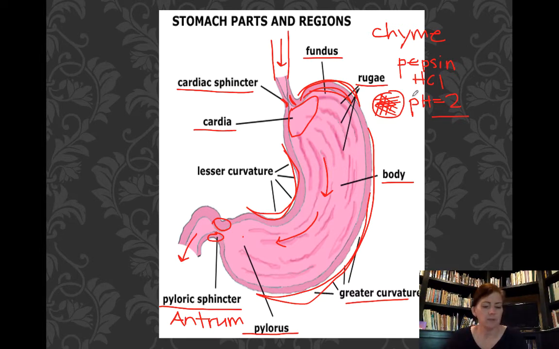But despite all of that, we don't have a lot of substances that are actually absorbed through the stomach. The only thing that we're really absorbing into our body from our stomach is alcohol and aspirin. So not really any nutrients being absorbed at this point.